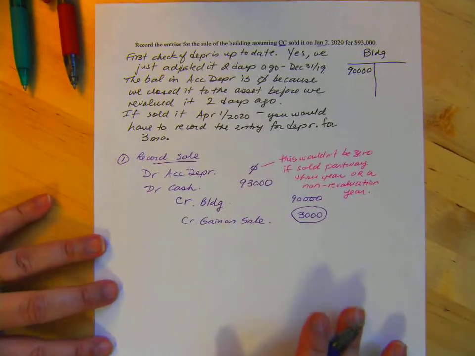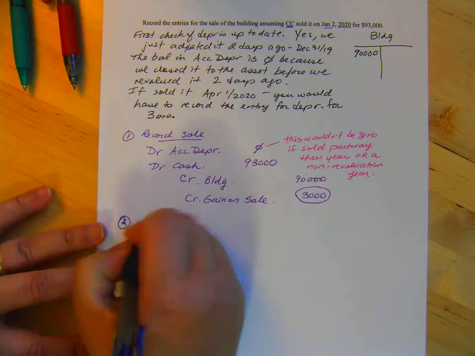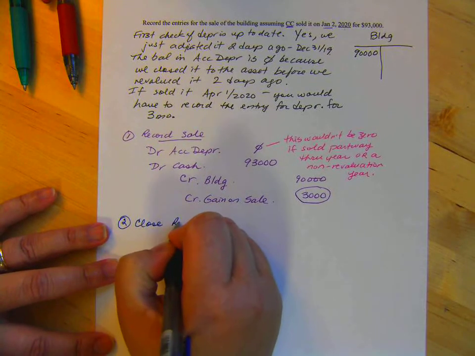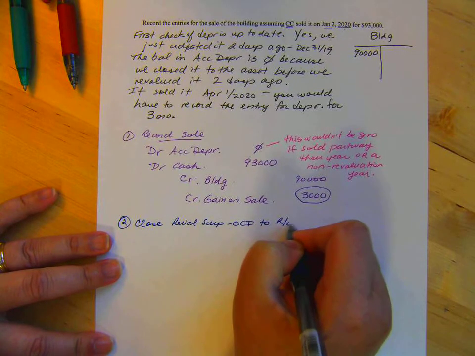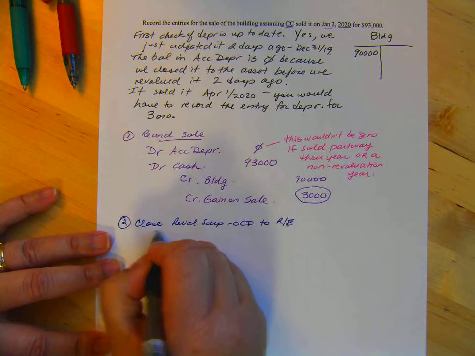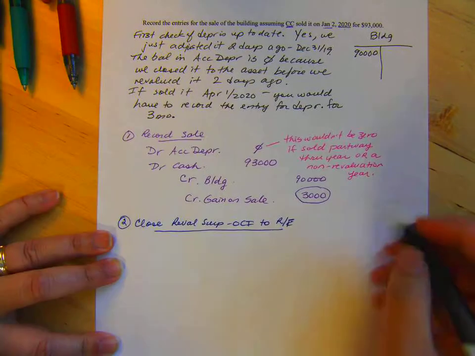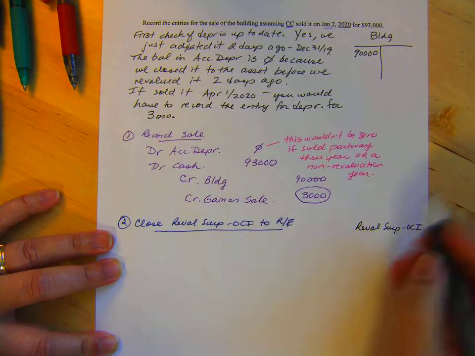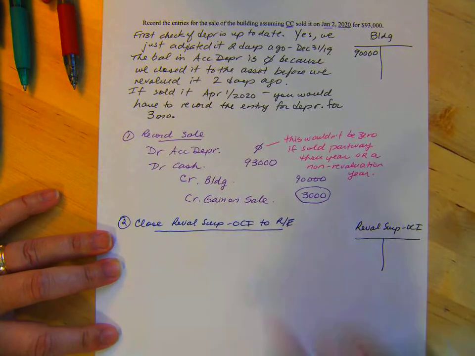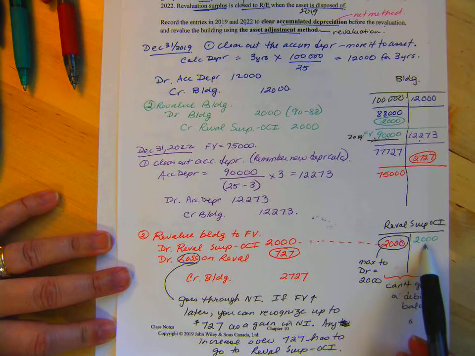So, now we're going to close revaluation surplus, OCI, to retained earnings. So, what's our balance in revaluation surplus, OCI? And remember, this is 2020. So if you look back at our last page, the revaluation was done in 2022, so all we have is 2,000 there.